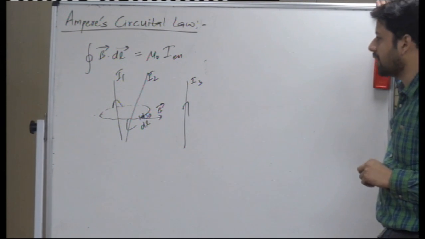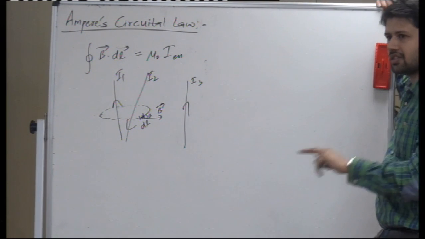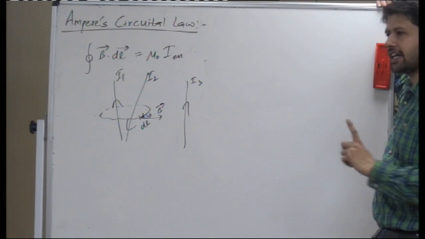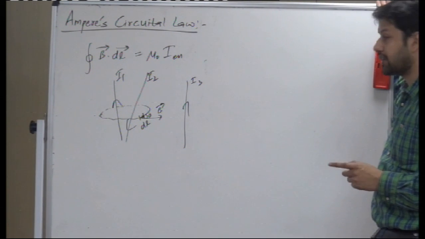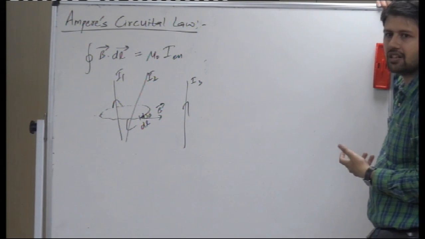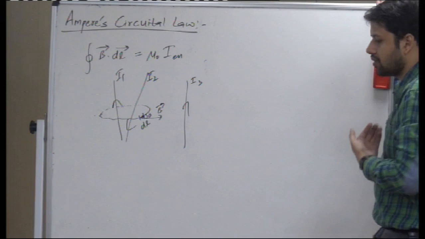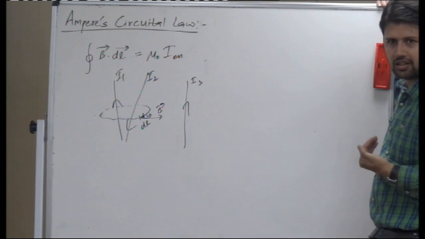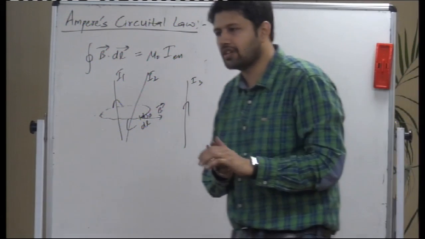If you assumed that the field is in anti-clockwise circulation, you would take the upward direction as positive and vice versa. So you take the direction of current according to how you travel through the loop. As you travel through the loop, you find that the field is along anti-clockwise or clockwise, right?